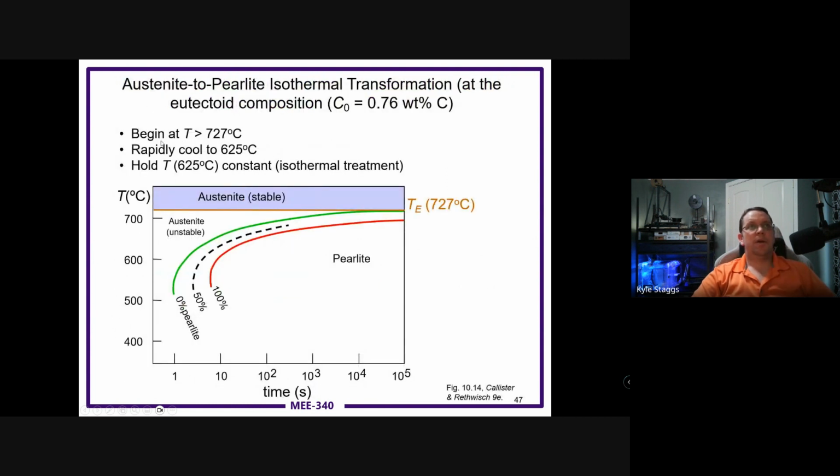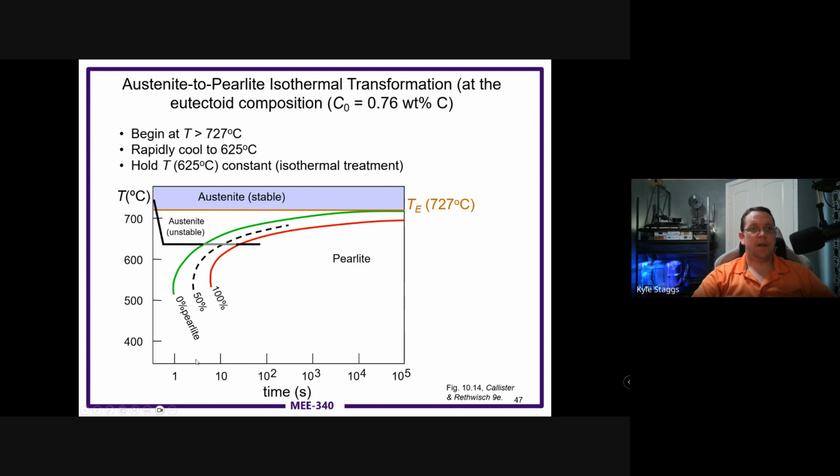So if instead you change the shape of that cooling curve, instead of just being a straight line, if we start at the 727, so we're above in the stable austenitic phase, and rapidly cool to 625, what does that look like? So if we do a partial quench, or suddenly open the door and blast it with cold air or something like that, you're going to start at a different point here.